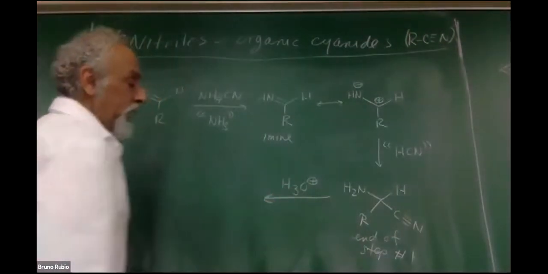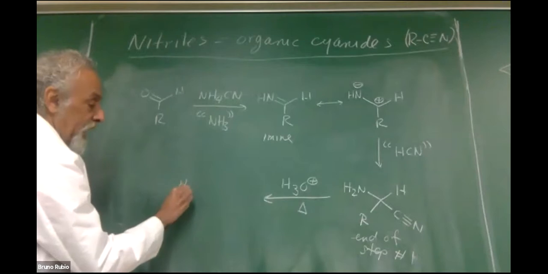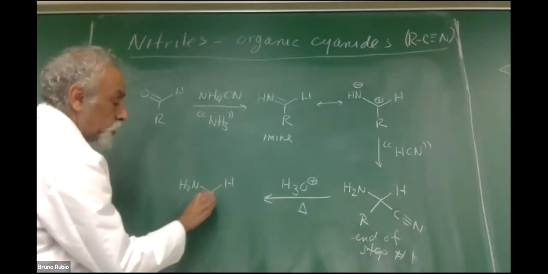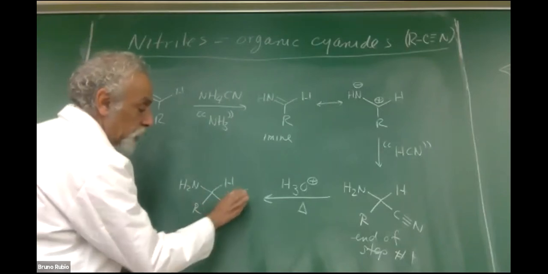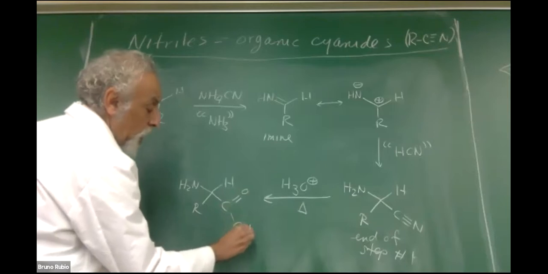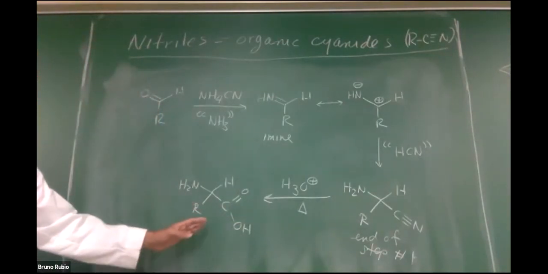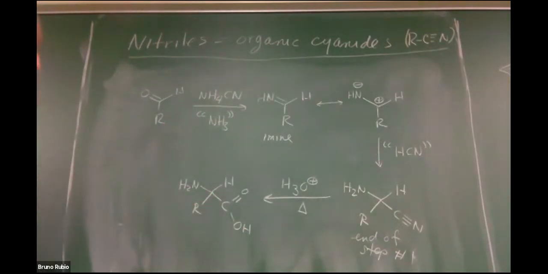What H3O plus and heat do is convert the nitrile to a carboxylic acid. And so there's our alpha amino acid. So this is that lab preparation of the alpha amino acid.